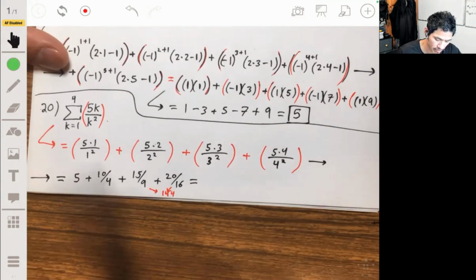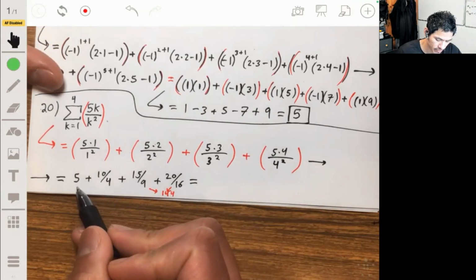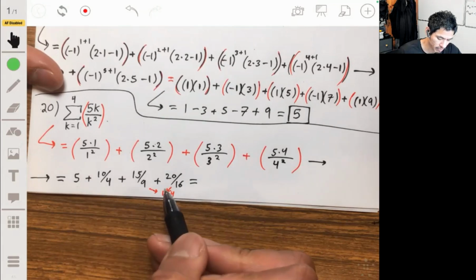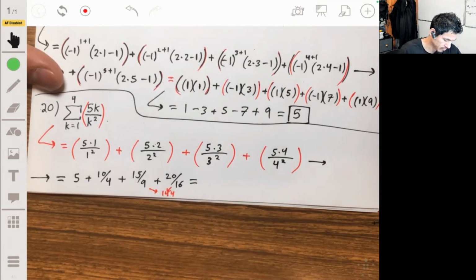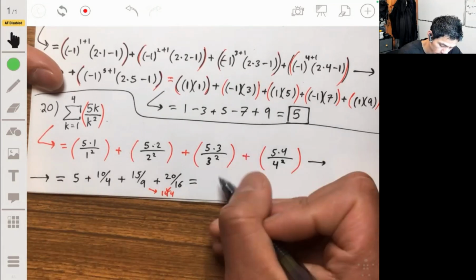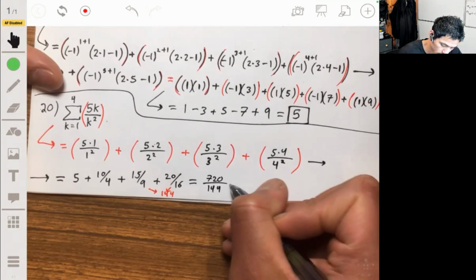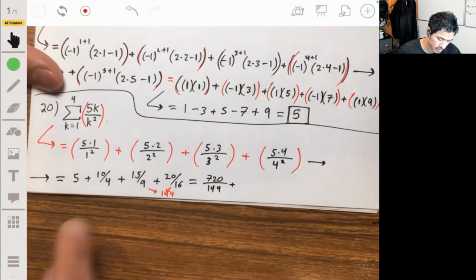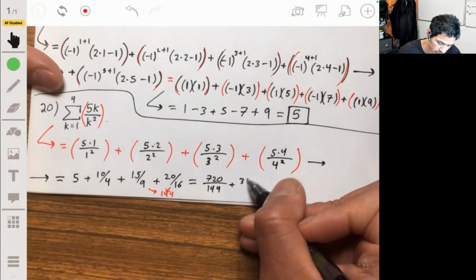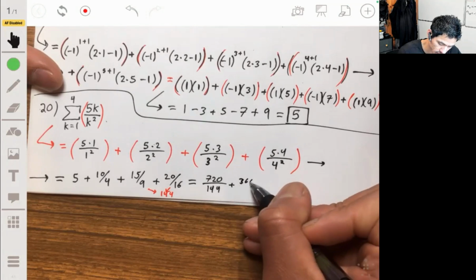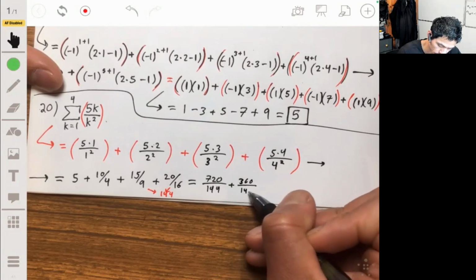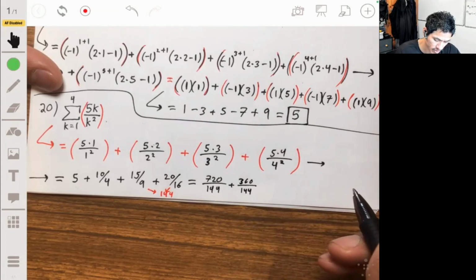And so then you're going to have 5 over 1, but multiplying it by 144. So 5 times 144 is 720 over 144, plus 10 over 4, so that'd be 30 times 12, or 360 over 144.